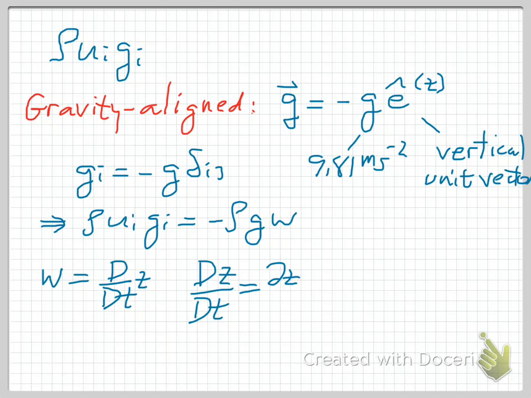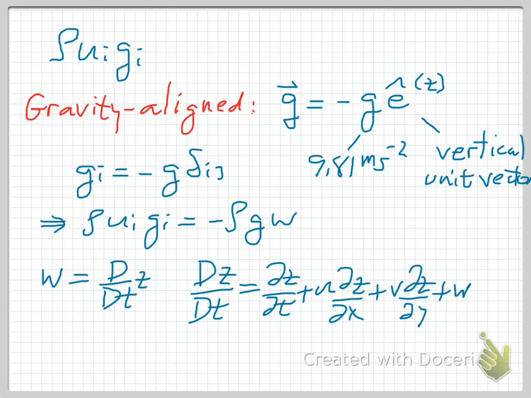It's partial dz by dt plus u partial dz by dx plus v partial dz by dy plus w partial dz by dz. And notice that most of these terms are 0.